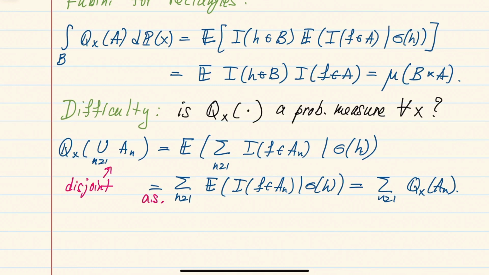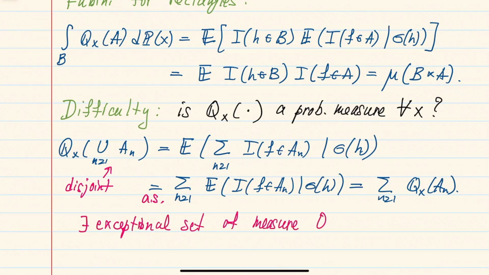So in other words, there exists this exceptional set of measure 0 where this equality can be violated. Of course, the problem here is that the exceptional set can depend on the choice of these sets. And of course, there are uncountably many ways you can take, for example, these disjoint unions, right? So we have uncountably many sets in our sigma algebra, typically.